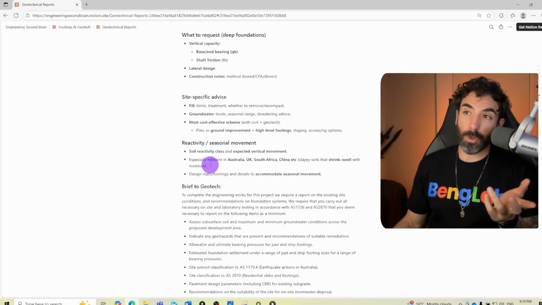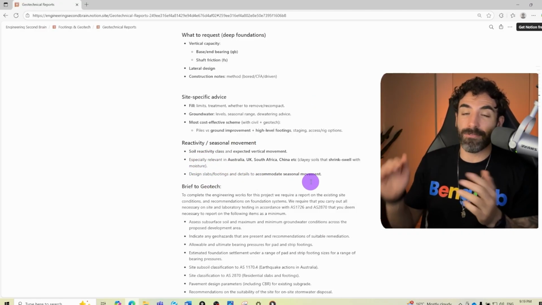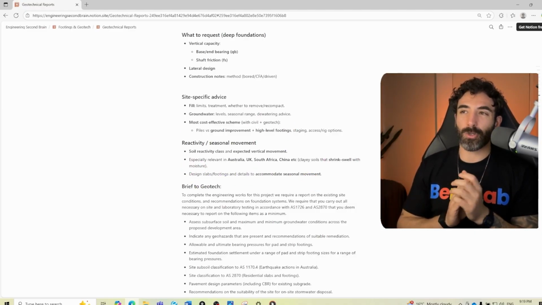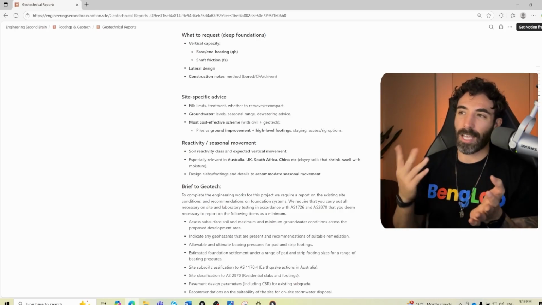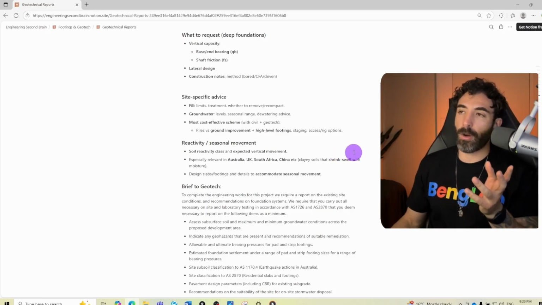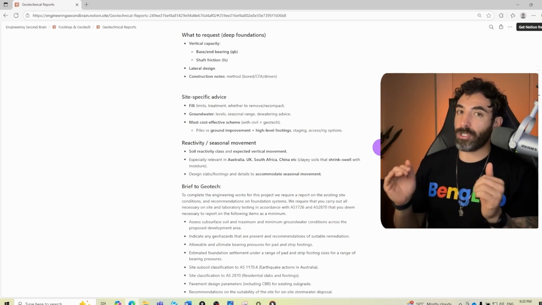We would also require the soil reactivity class and the expected vertical movement. This section of the report would really apply to countries like Australia, UK, South Africa, China, I think India, and some other countries as well, where there is a clay soil that shrinks and swells with the seasonal moisture change.